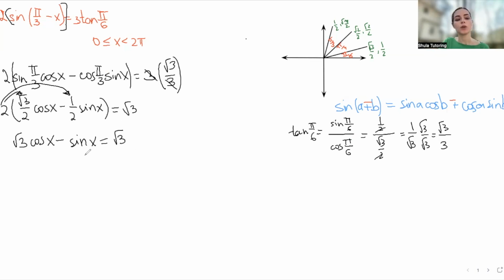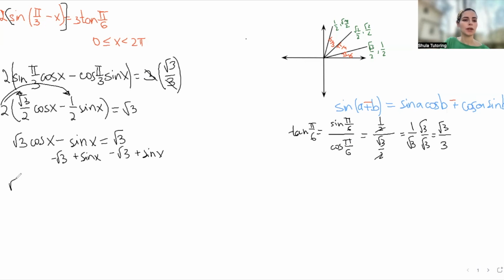At this point, we can just combine like terms, right? We put the square root of 3 on one side of the equation and then sine x on the other side of the equation. So to do that, I have to subtract square root of 3 from both sides and add sine x to both sides.